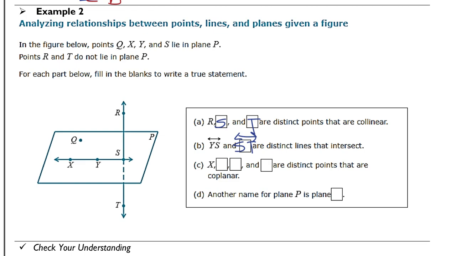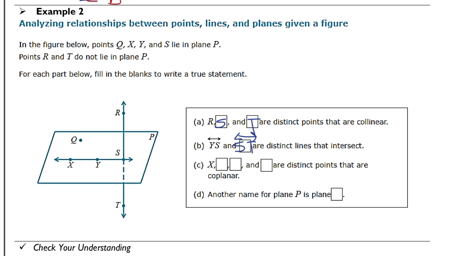The second to last one here is X, blank, blank, and blank are distinct points that are coplanar. So they're all in the same plane. R and T do not lie on this plane, but Q, X, Y, and S do. By the way, P is not a point, so we cannot use that.